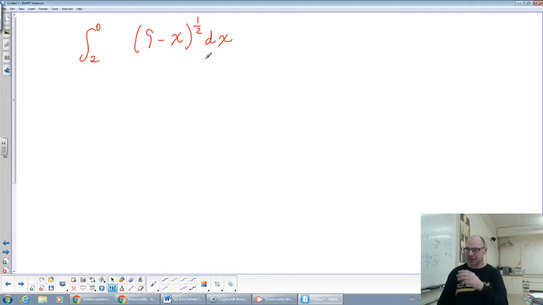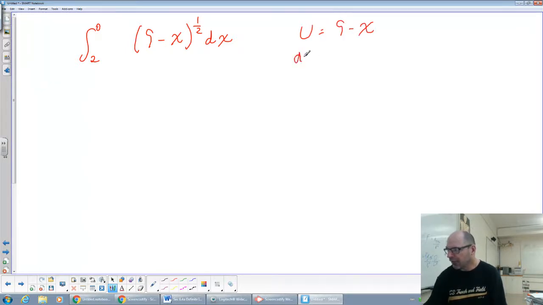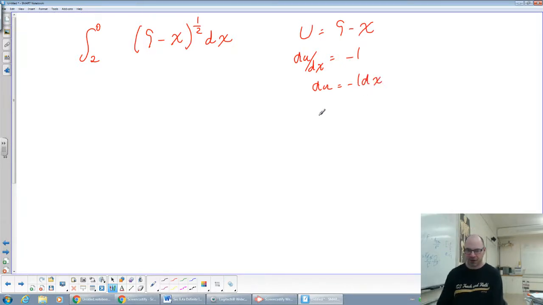First thing is, let's do the sub. u is going to equal 9 minus x, so du/dx equals negative 1. So du equals negative 1 dx. Okay, that's a nice little substitution. Now we have to change our limits.